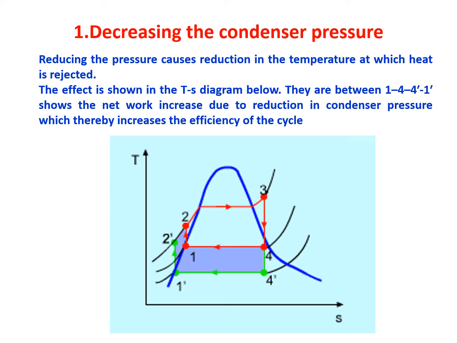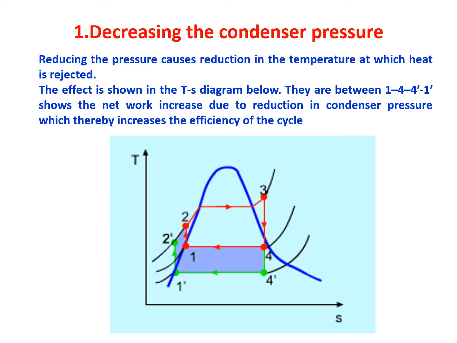So our aim is to reduce the condenser pressure. This is one of the methods to improve the efficiency. By reducing the condenser pressure, the normal cycle shows 1, 2, 3, 4. If we reduce the condenser pressure, here the points 1, 4, 4 dash and 1 dash.